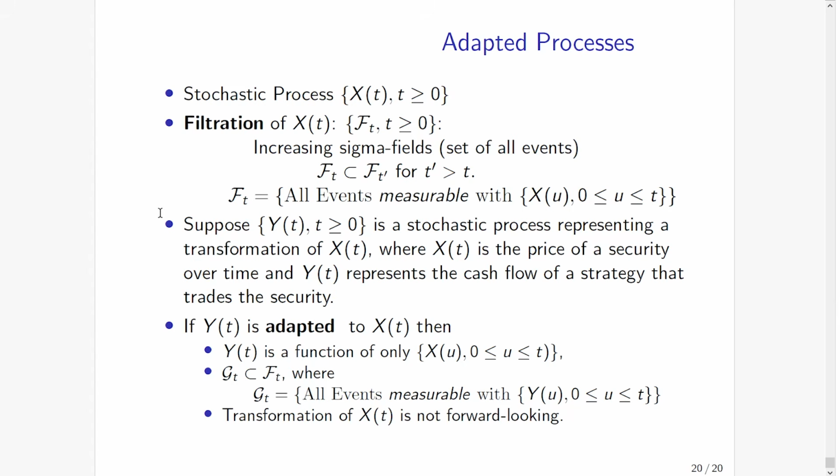And so we consider transformations of our original process to the process of, say, trading gains and losses according to some trading strategy. And these will be well defined if the process is adapted.